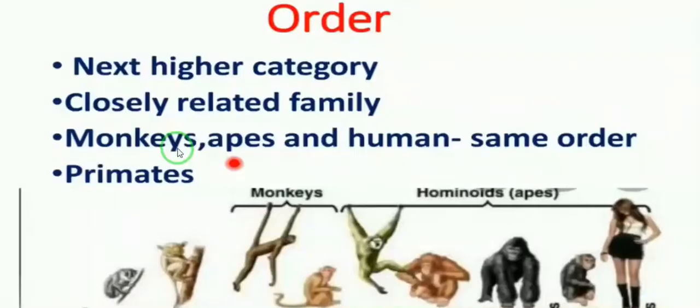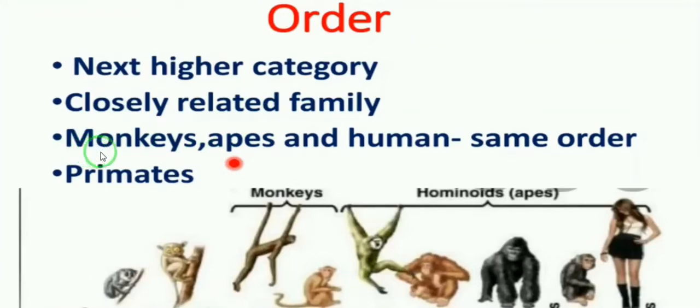So the next one is order. Order is the next higher category. A number of closely related families having common characters are placed in an order.